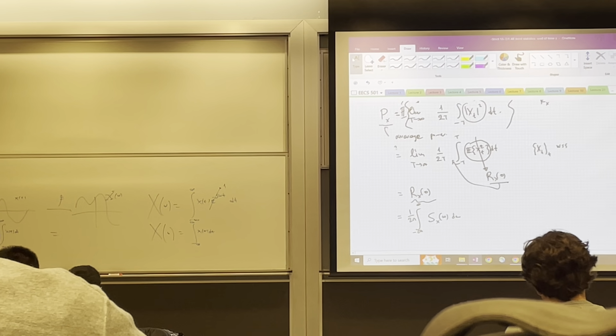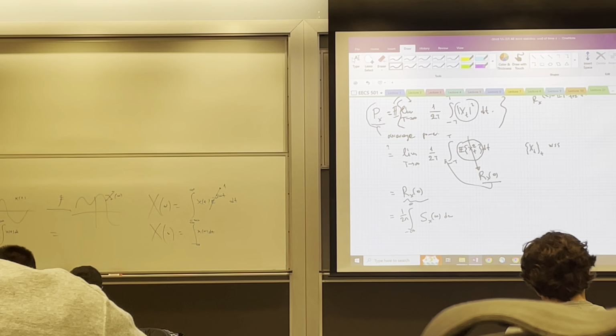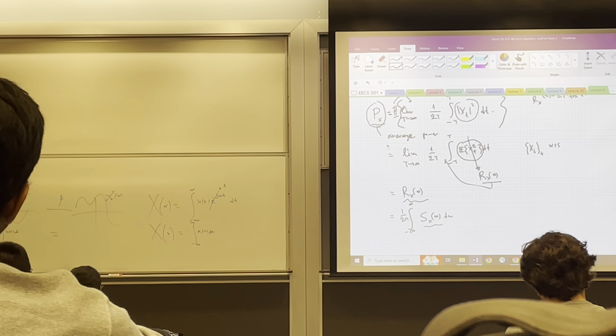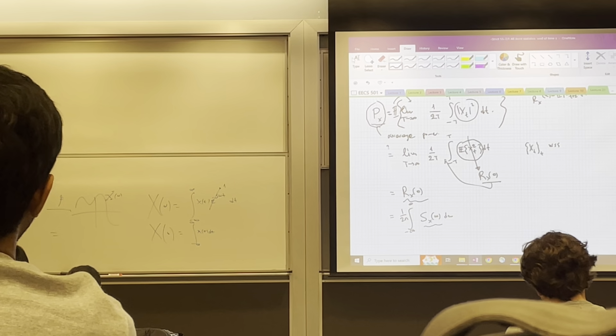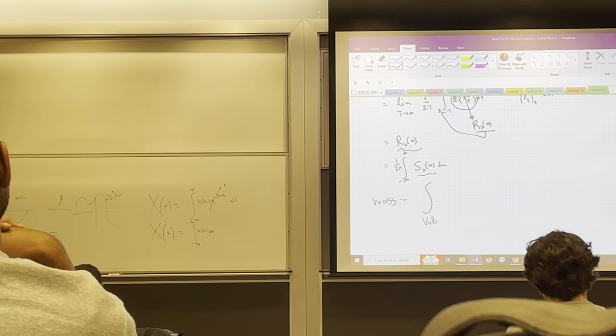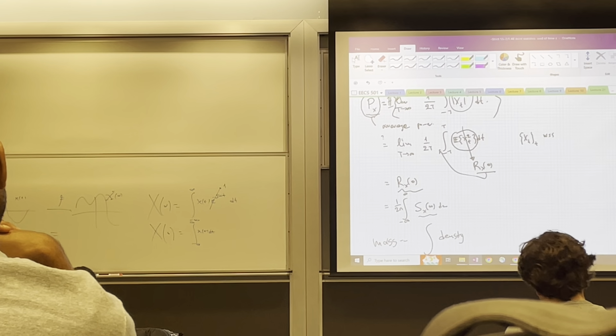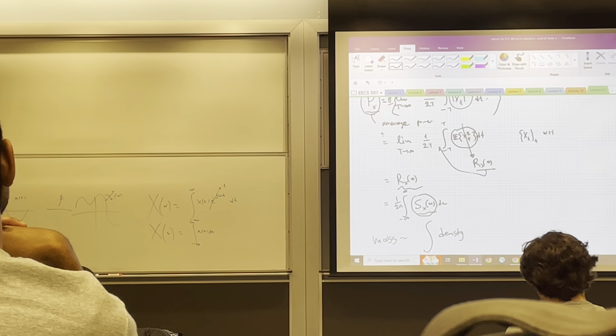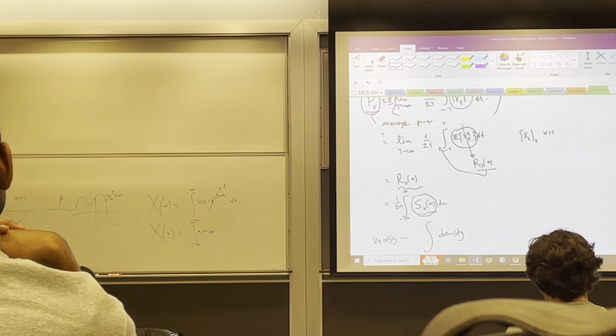So, look what happens here. The average power is the integral from minus infinity to infinity of this quantity. And in the same way that mass is the integral over volume of the density, right? In the same way, that quantity now can be thought of as the power density spread over frequencies. Did you see the analogy?